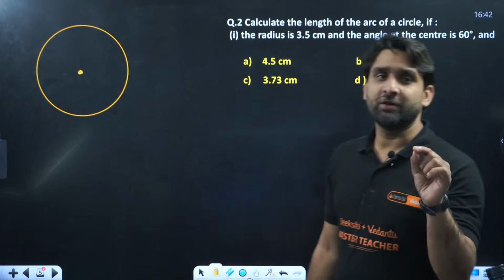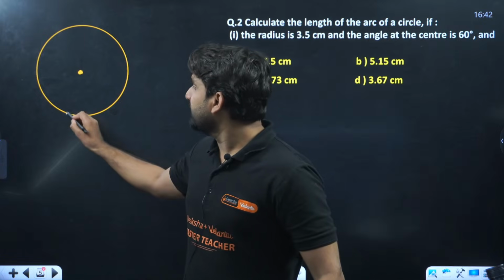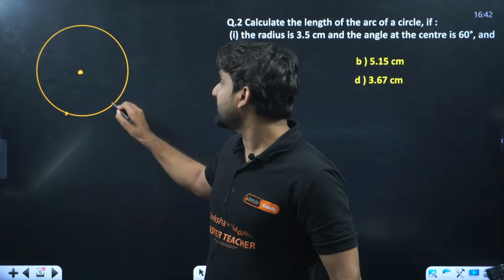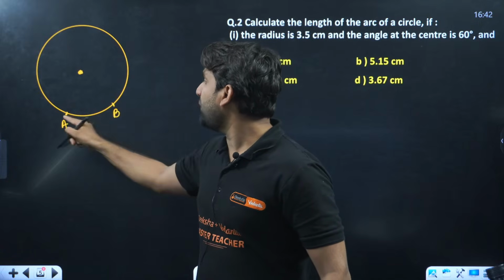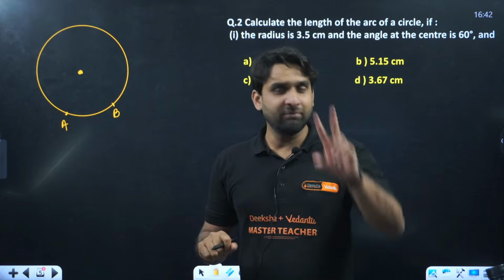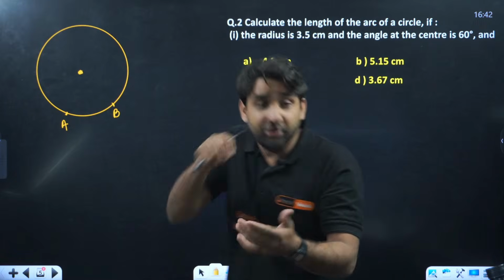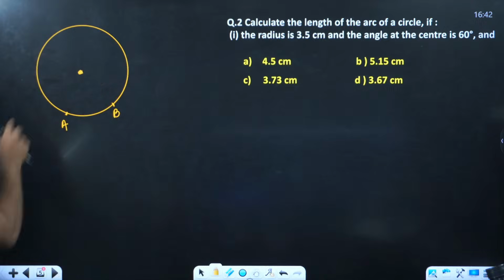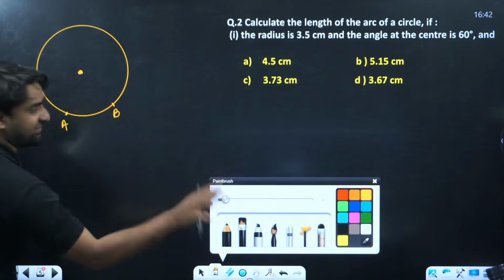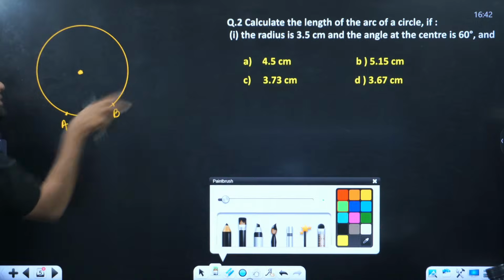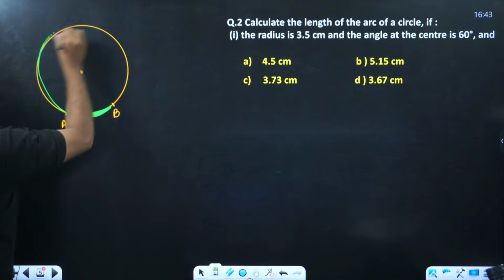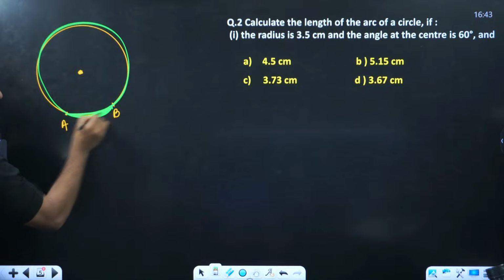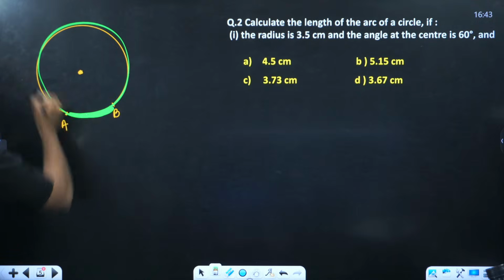My dear lovely students, if you take 2 points on the boundary of the circle, point A and point B, the boundary of the circle is divided into 2 parts: this part and this part.